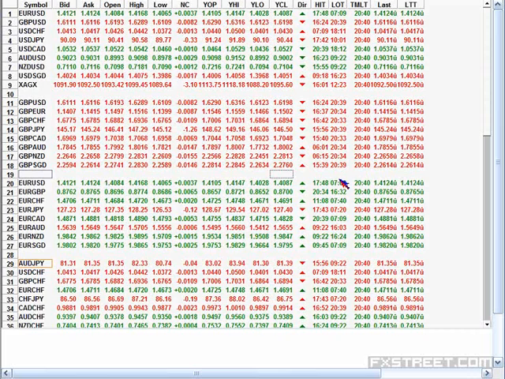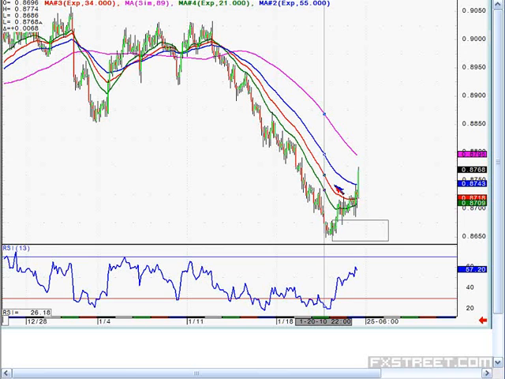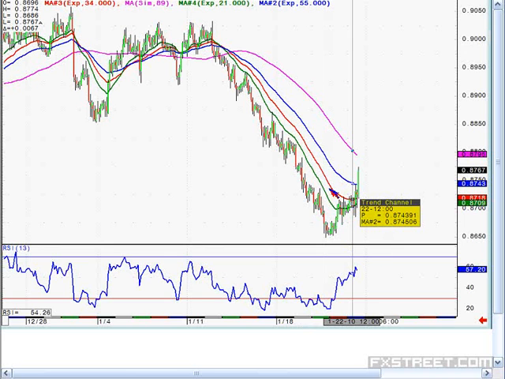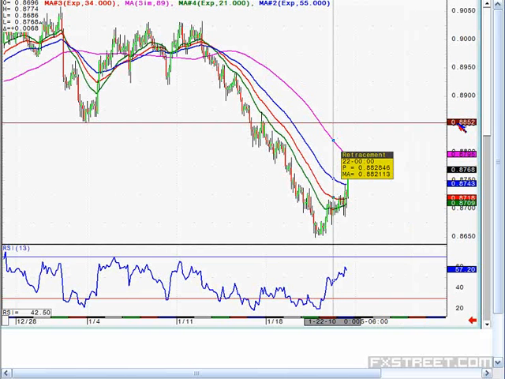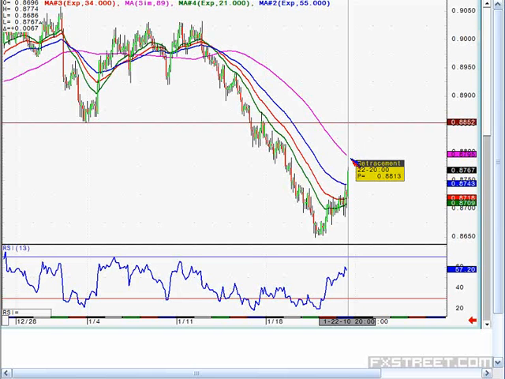Okay, I can show you that chart. So here, if you notice, this has already turned up. So when you want to trade euro pound, the best strategy is to look to buy on dips. But again, what I feel is the next immediate barrier would be at 88.50, right? So this will be your immediate barrier.